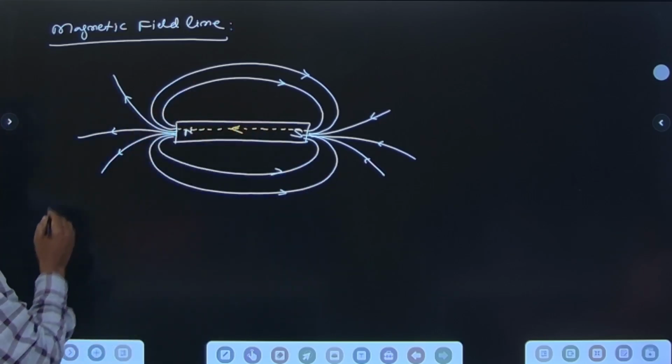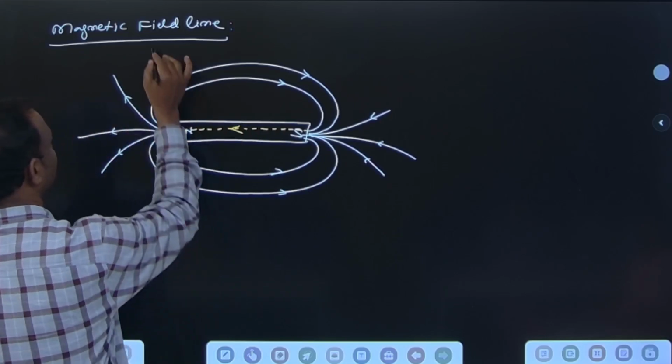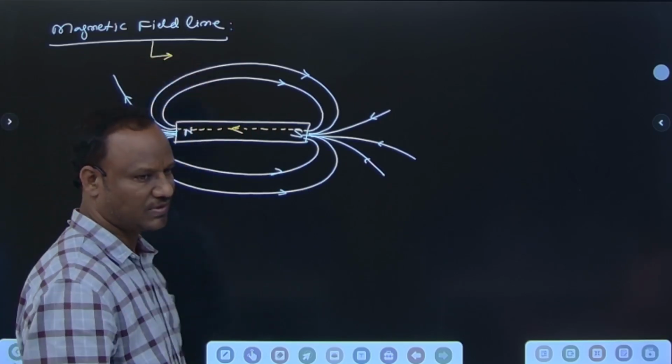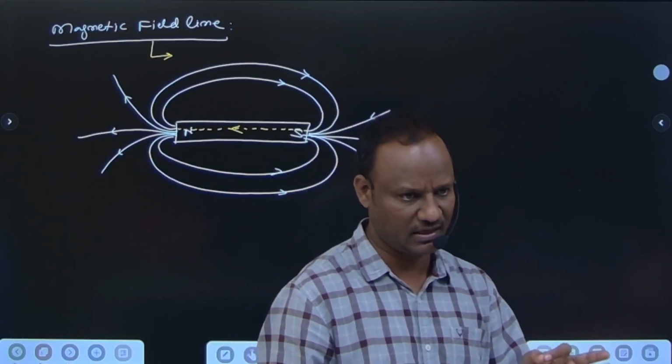My first question is, what is a magnetic field line? First of all, can you see the magnetic field line around the magnet?